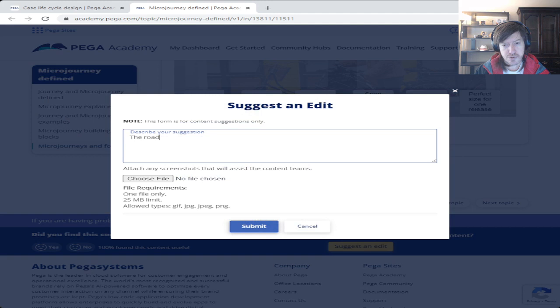The roadside assistance diagram image is not using your established keywords. Case worker is a persona, so it should be labeled as such.